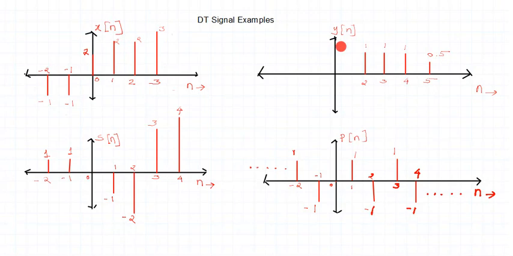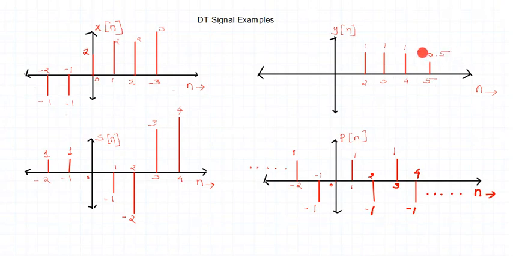If I talk about y[n], it exists from 2 to 5. What are the magnitudes? The sample at 2 has a magnitude 1, 3 has a magnitude 1, 4 has a magnitude 1, 5 has a magnitude of 0.5. Look carefully, the magnitude is non-integer.